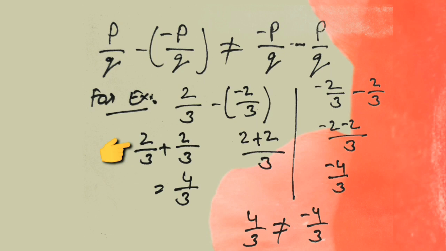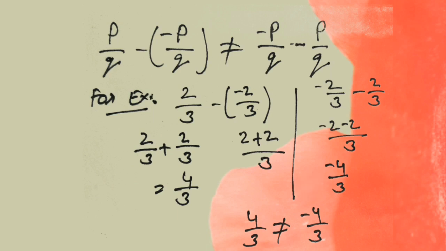2/3 plus 2/3, then the LCM is 3, 2 plus 2, and the answer will be 4/3. But on the other hand, if you take the inverse of a number and the number itself, where this is 2/3, this is the inverse and this is the number, and both are subtracted here, the LCM is 3, minus 2 minus 2, which will be minus 4/3.